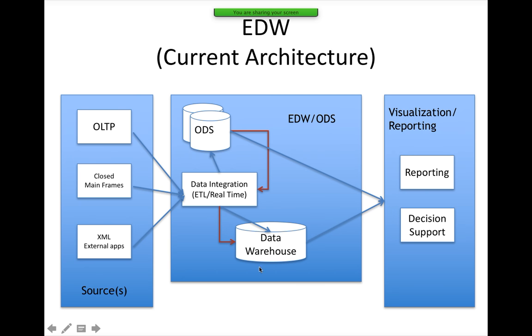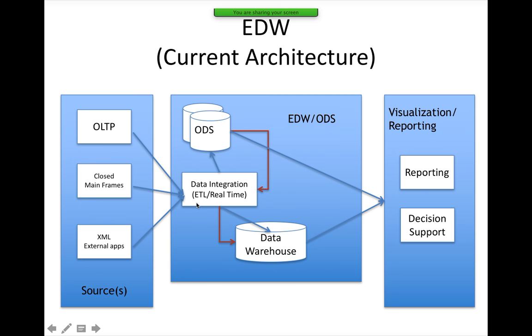So here you will use appliances which will come with the data warehousing capabilities. Here you will use traditional RDBMS, where you have to set up, where we have to get the servers, and then install the OS, install the Oracle database, and set up the database.